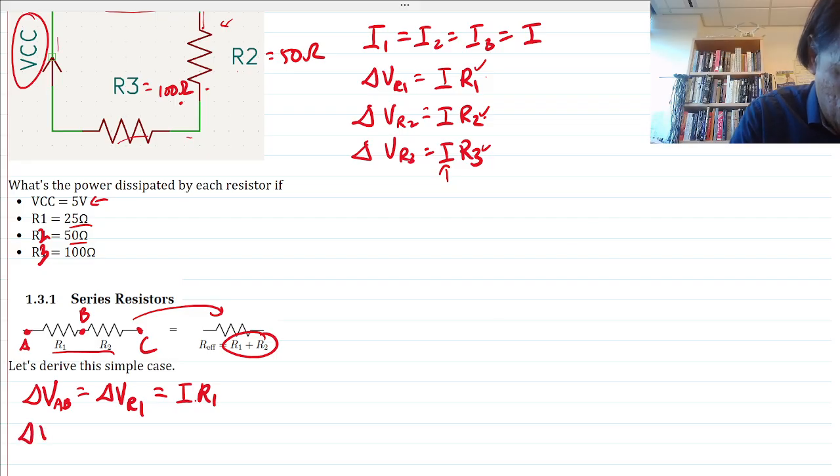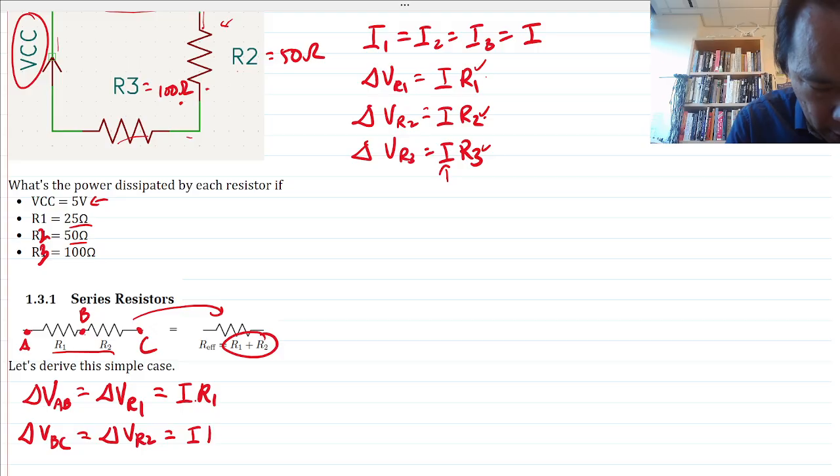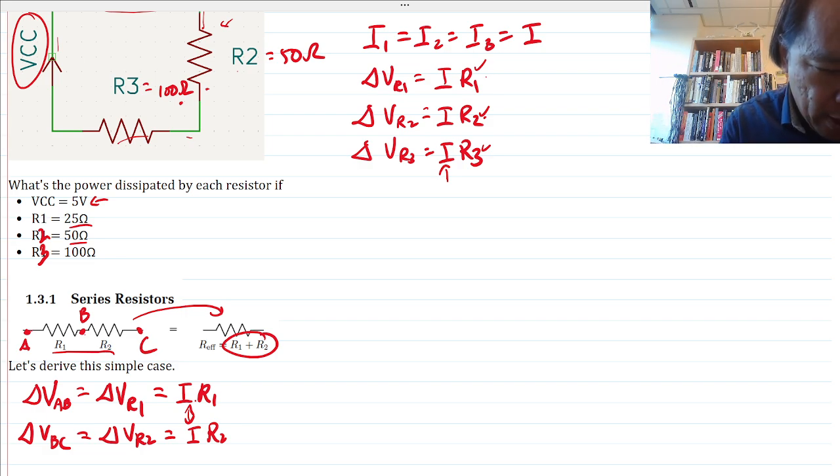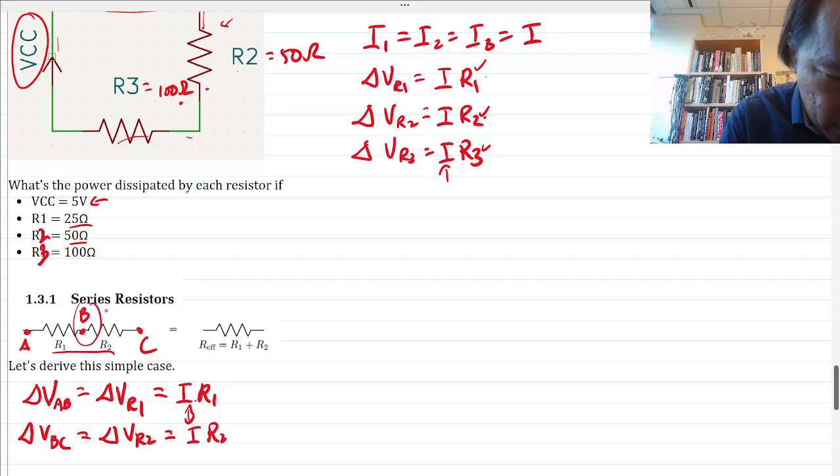The voltage difference, so now I'm going to go from B to C, is going to be delta V of R2. It's going to be I times R2, and they share the same current. That's why we don't have to write a different current between them. What happened is that when you combine these 2 resistors together, you no longer have this middle piece anymore.